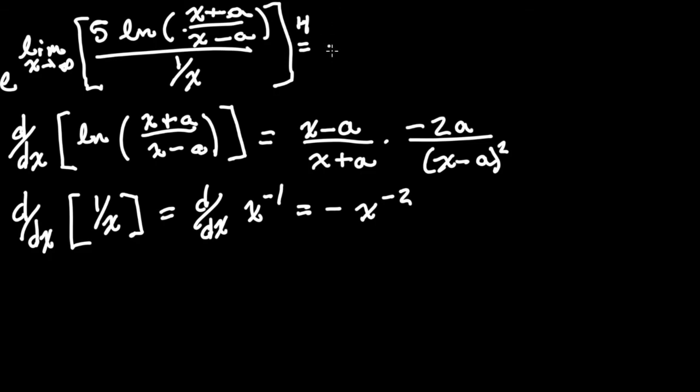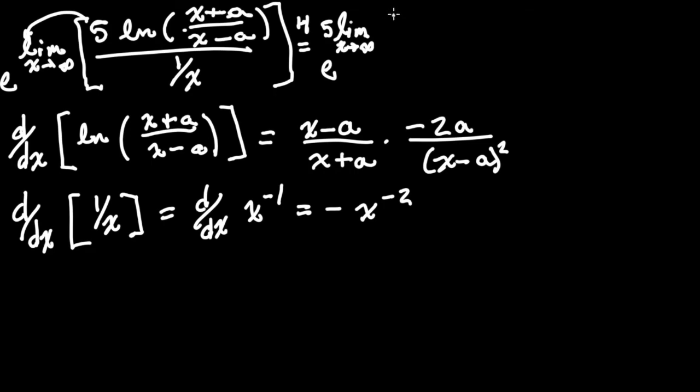And so what we now have is e to the limit as x goes to infinity for 5 outside of the limit, because 5 is a constant on the numerator, so we can just take it out. 5 doesn't depend upon x because it's just a constant. And so we are then going to write all of our derivatives.